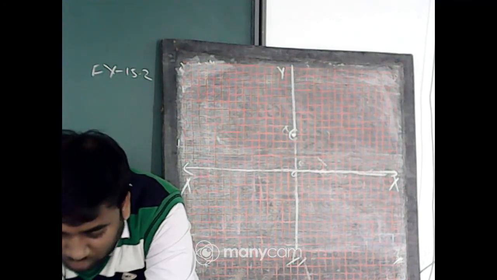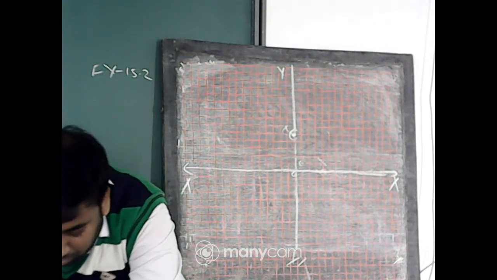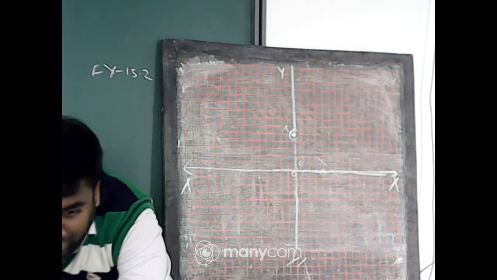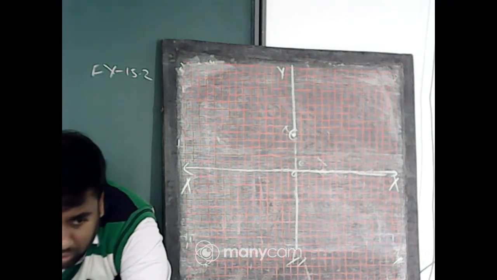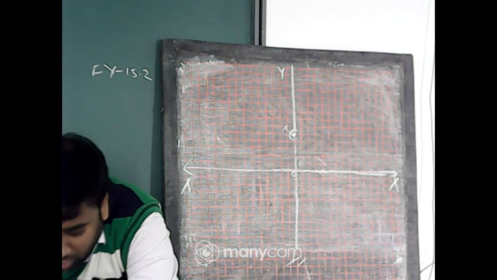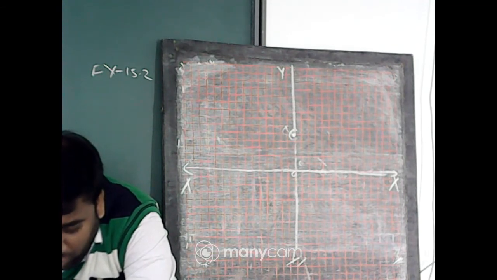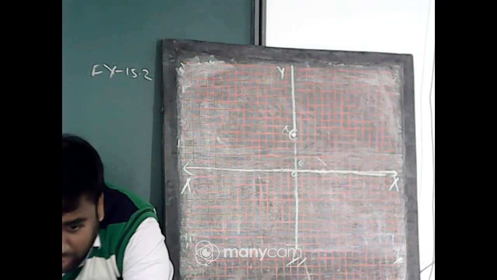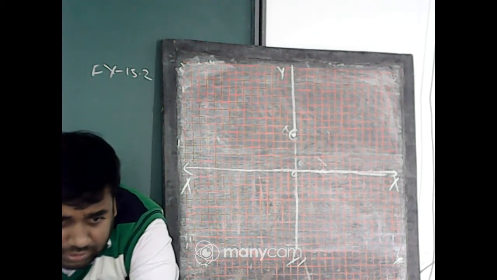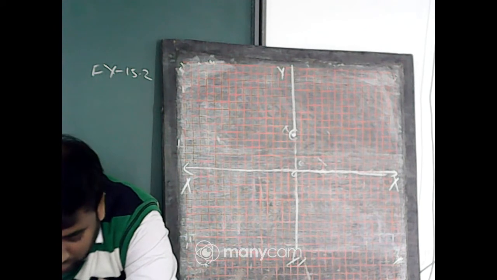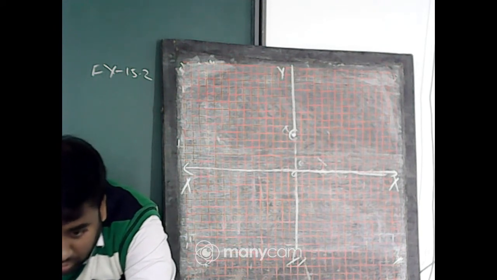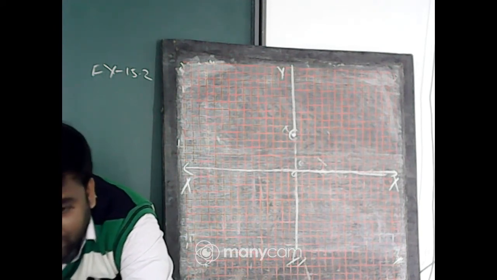Next, what is the coordinate of M? Yes, (10, 8). Very good. What is the coordinate of R? Quickly answer it. (10, 6). Very good. Maximum of you have given the right answer.